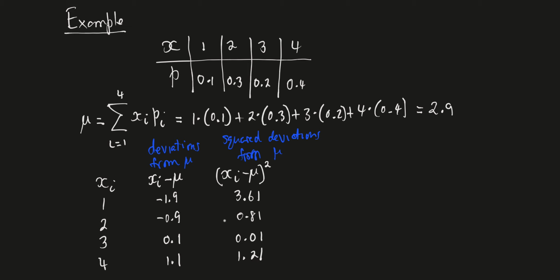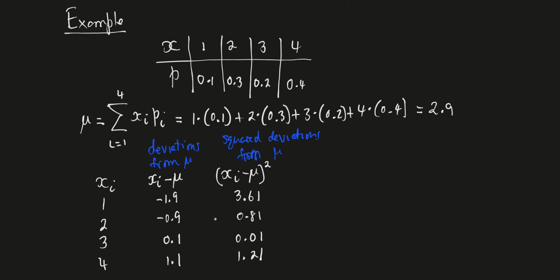Now, again, and I'll say more when we interpret what the standard deviation is. But basically, we have this theoretical average, which we call the mean or the expected value.